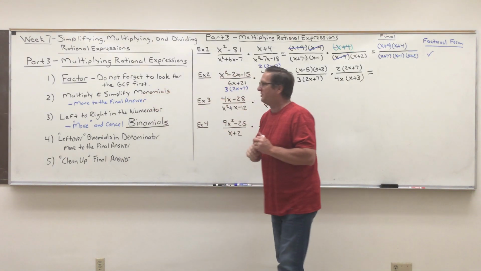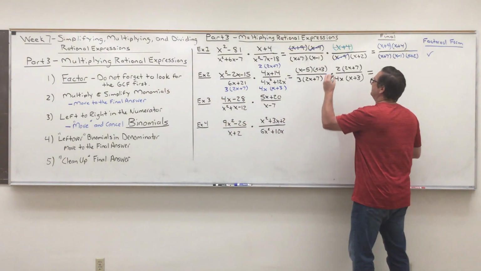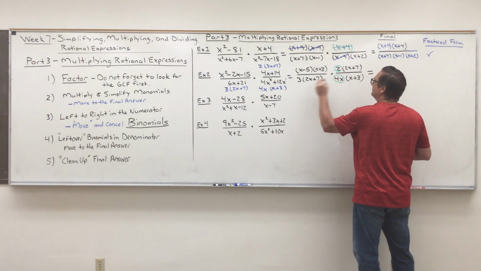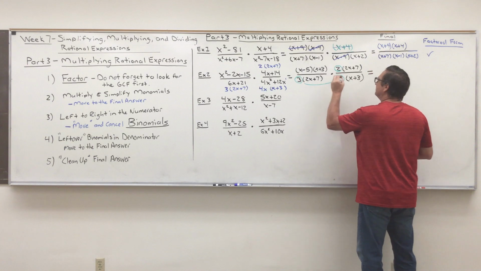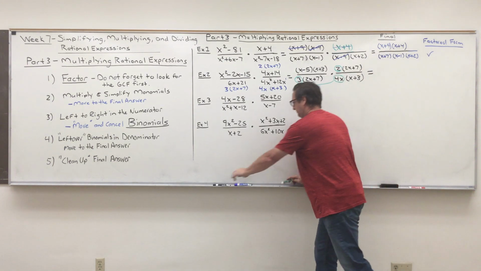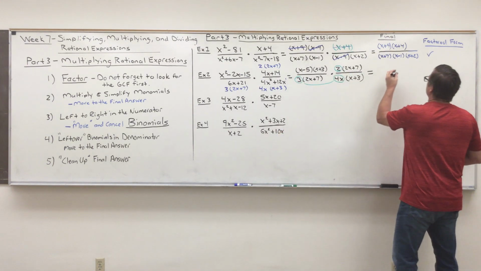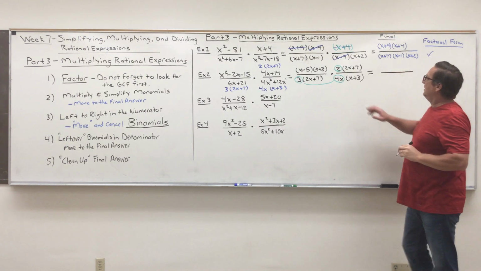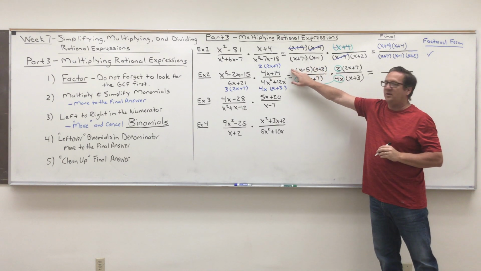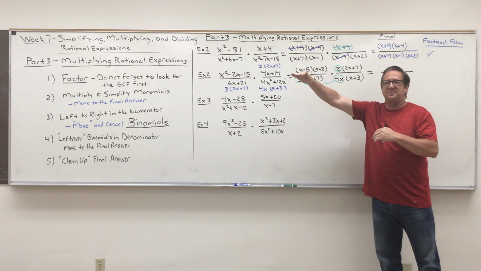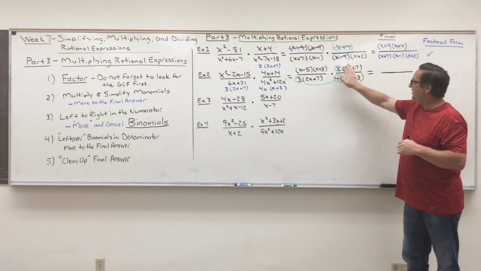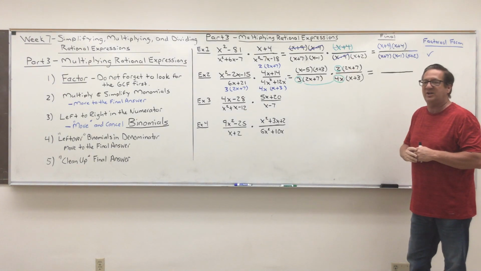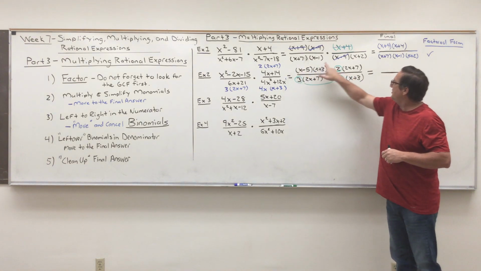Multiply and simplify monomials. So I'm going to do it this way. Now, how did you multiply fractions? You multiply tops and you multiply bottoms. Now, you could do some canceling, but I'm not going to do that here. I'm going to show it to you like we did back in January. So there's nothing to go with the 2.